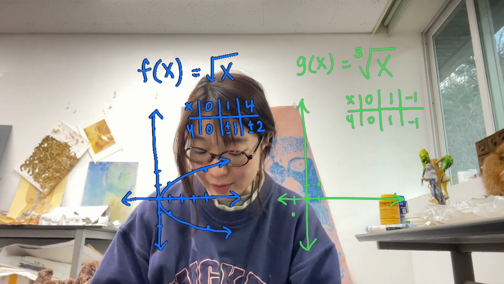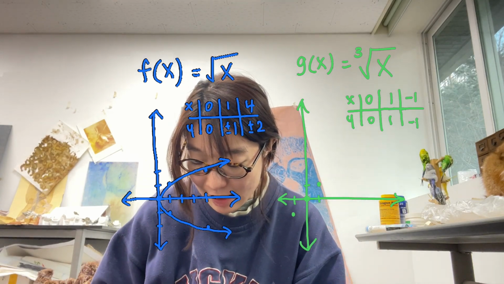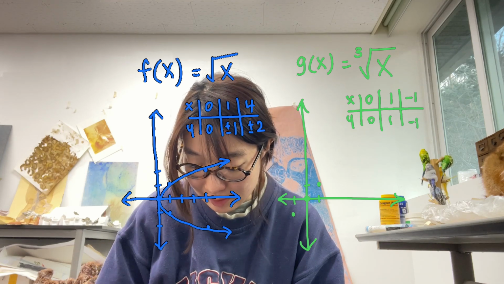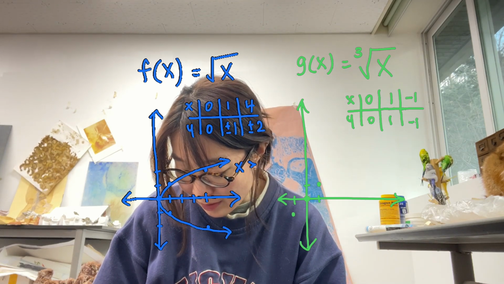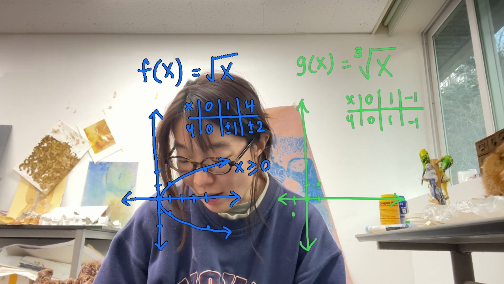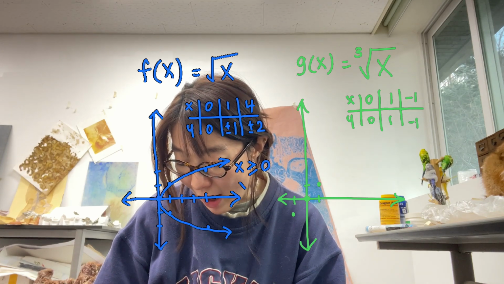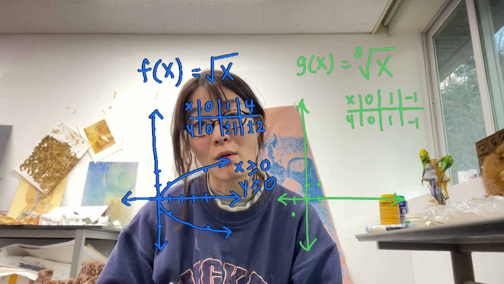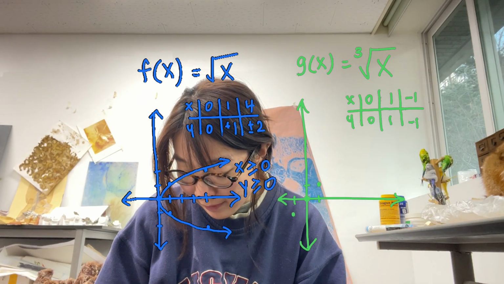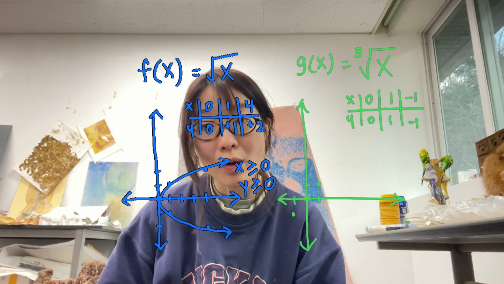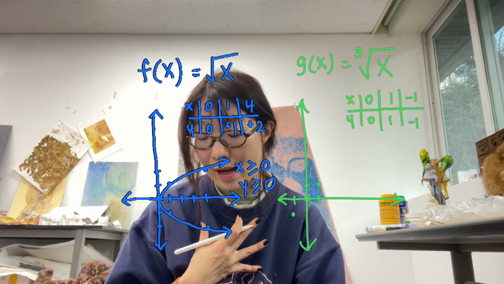So let's say my x would have to be bigger than or equal to 0, and my y would also have to be bigger than or equal to 0, which means all of my negative 1 and negative 2 would no longer be valid.